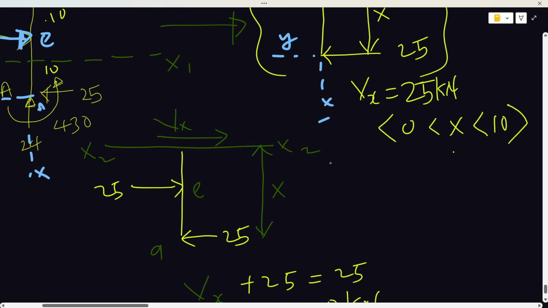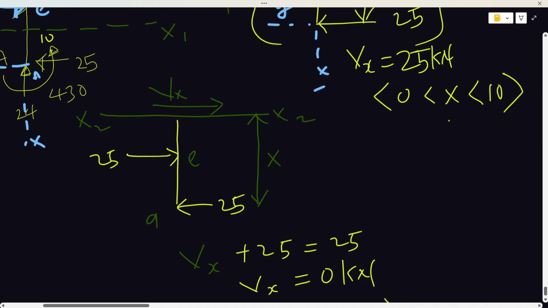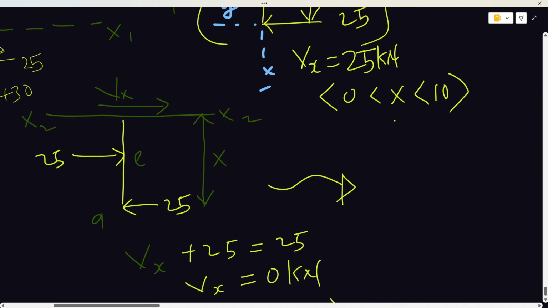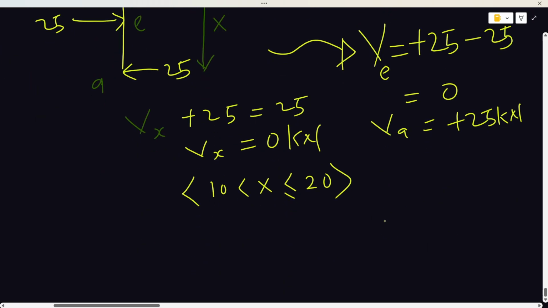What I'm just trying to say is that it's still your normal shear force and bending moment. I'm just trying to be more detailed. Using our normal shear force, we'll now say plus 25 minus 25, VE will be 0. It's still your normal shear force.